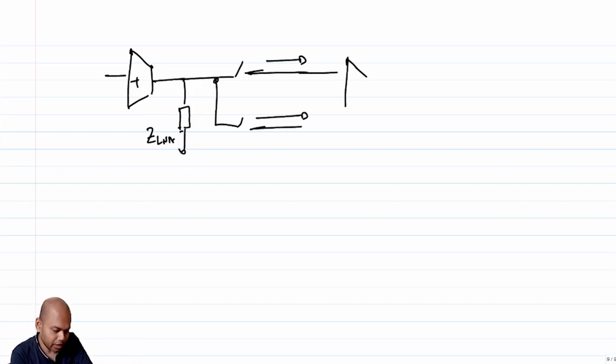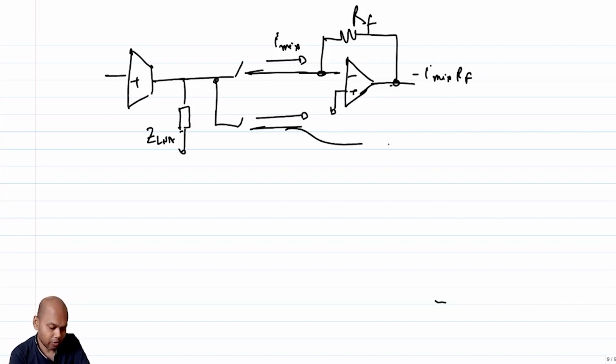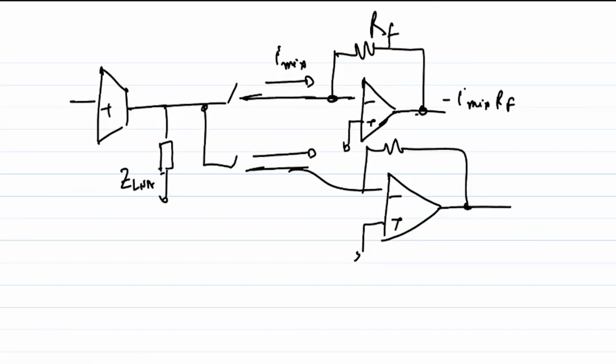For example, I can put in an amplifier, an op amp, and pass it through a resistor, let me call it RF. So if I have I mix, this voltage is going to be negative of I mix times RF, right? Similarly, I can have another op amp here that can generate the baseband voltage on the other arm, right?